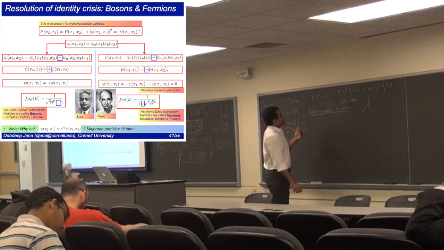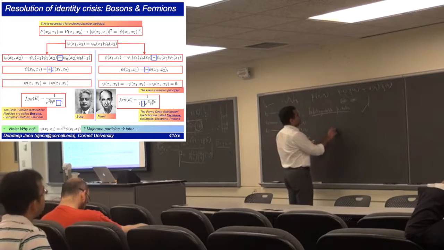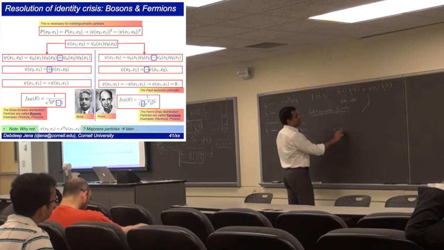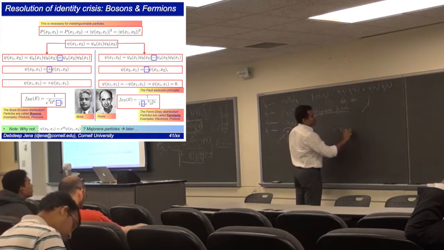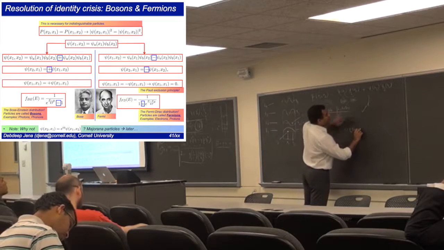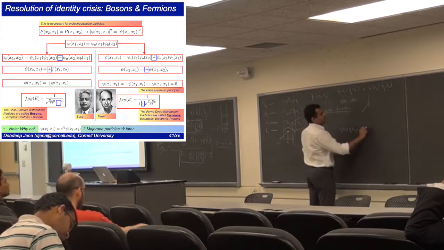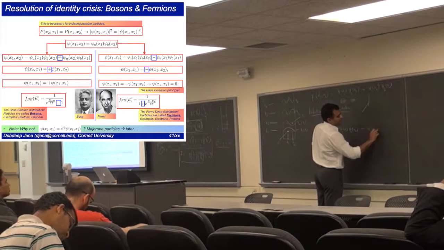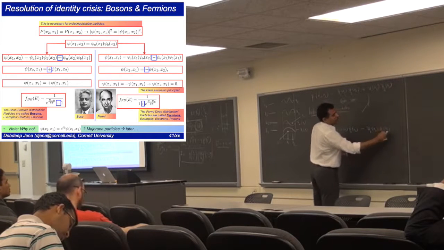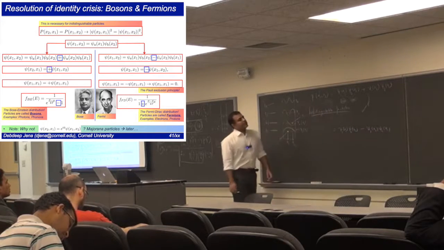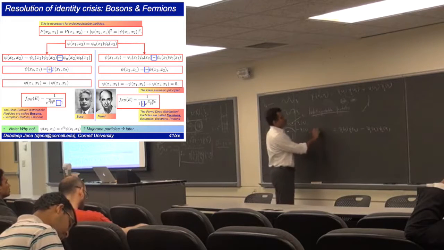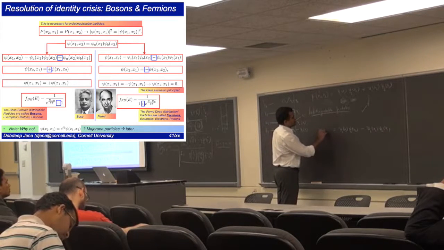And the other possibility is now psi 1 of x1 times psi 2 of x2, and instead of plus, you put a minus here, and psi 2 of x1. And what I'm claiming is this is also an allowed state in quantum mechanics, and the reason for that is the following.